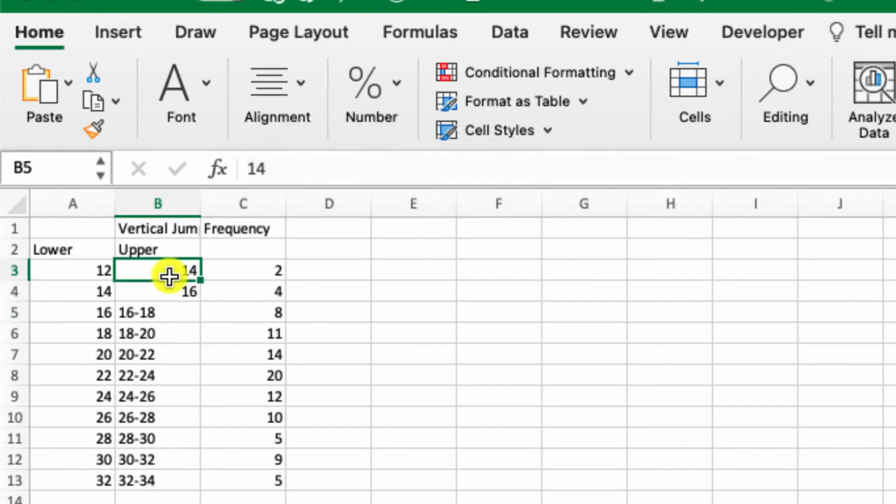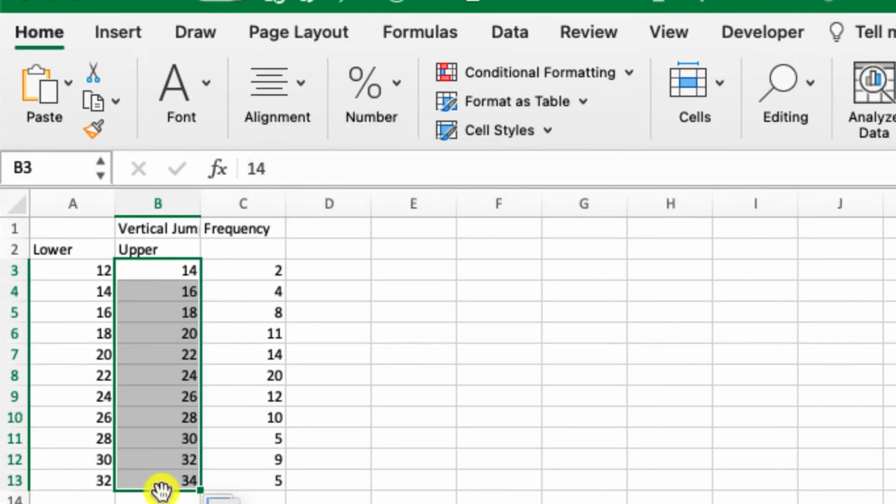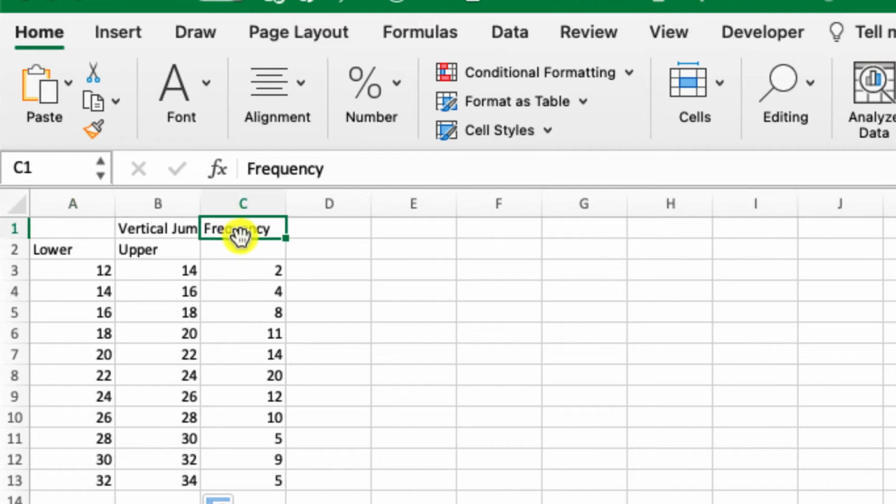Okay, all right, so now I've basically just relisted my upper and lower bound values, and then this is my frequency column.